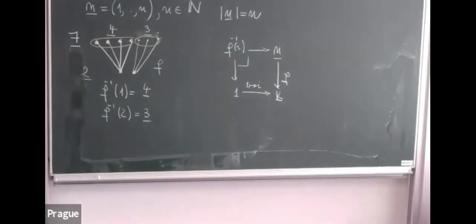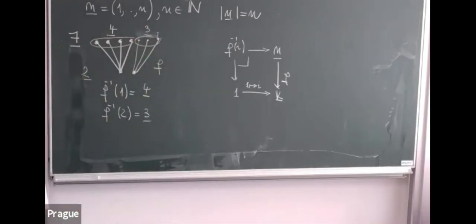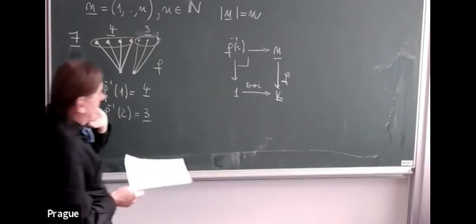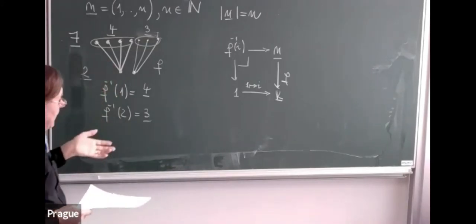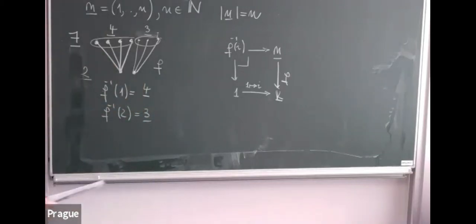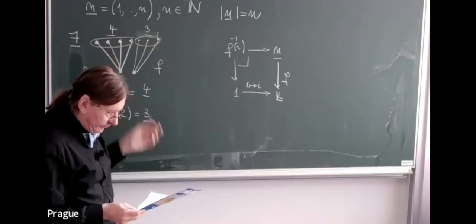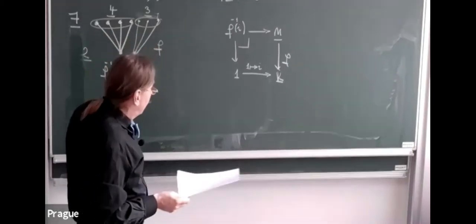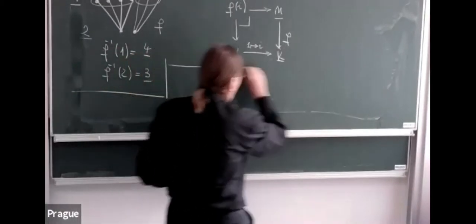So this is an example of a category where fibers are pullbacks, which was considered by Batanin, who called it, I guess, an operator category, but it needn't be the case. There are actually typical examples where the fibers are not pullbacks. Very well, so this is an example of an operatic category.